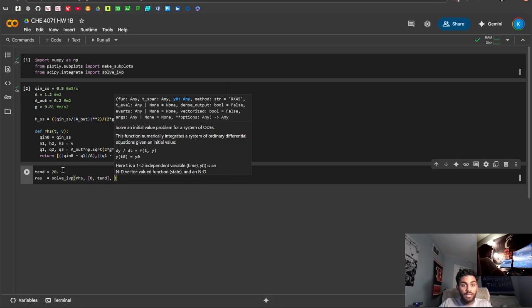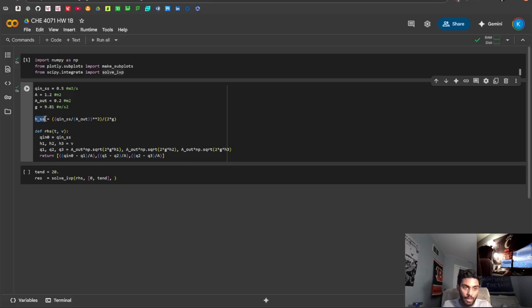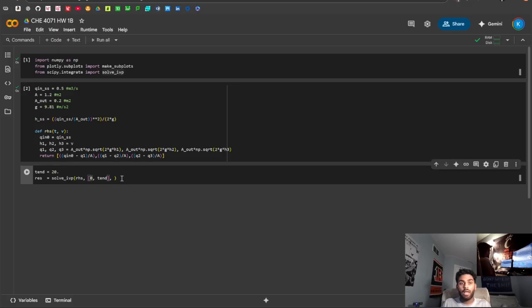And now the next thing that we need is a set of initial values for it to make its guess. And we have an initial value here. It's our height at the steady state. That's what our heights are equal to at time equals 0. But as you see, we have 3 things we want to return, so we need to have 3 initial heights.